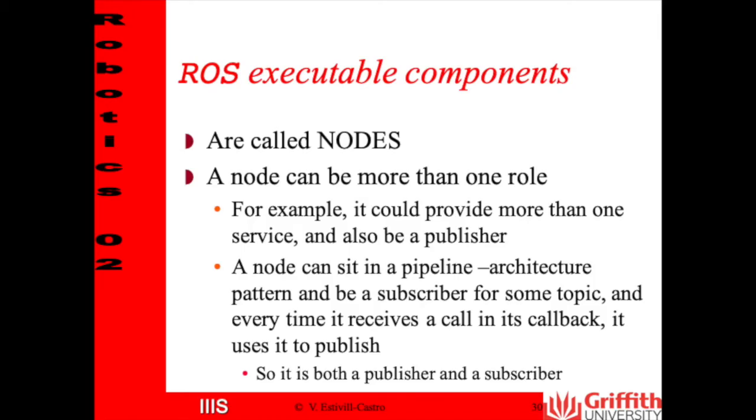The components of a robotic system are several threads running as nodes in the ROS system, and a node can play many roles. So a node can be a publisher and a subscriber at the same time, or it could be a filter. And so it's a very versatile way of constructing sophisticated architectures.